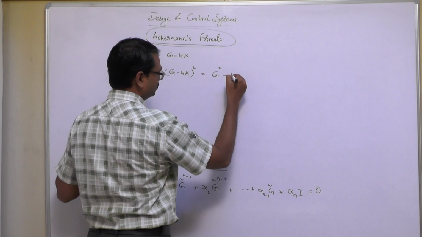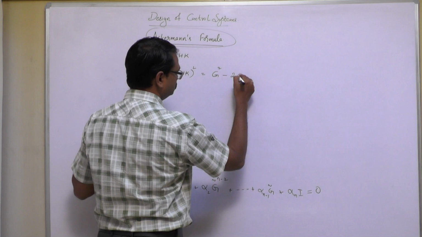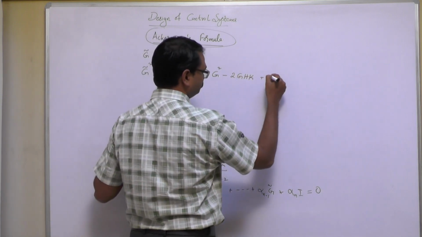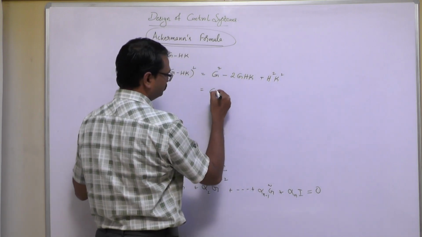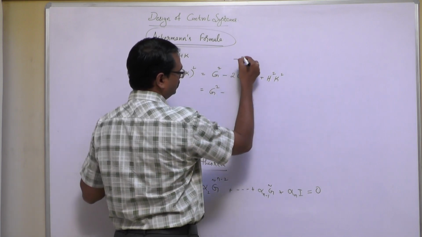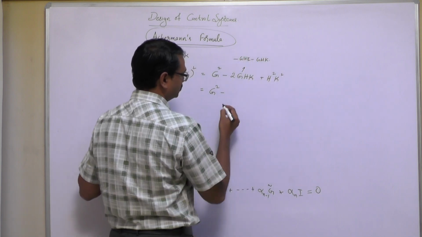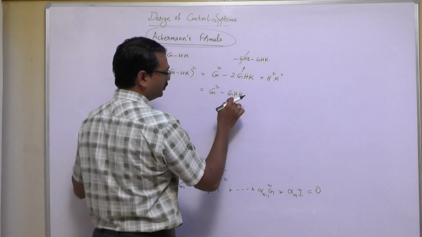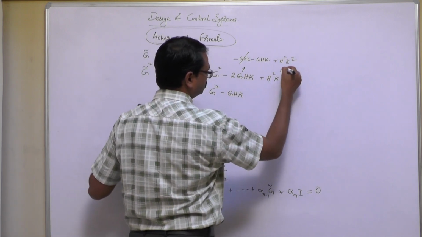G square minus 2GHK, this is (A minus B) whole square, plus H square K square. If I simplify this, I will make it minus GHK minus GHK, that is minus 2GHK. So one GHK I will replace here, and minus GHK plus H square K square is here.